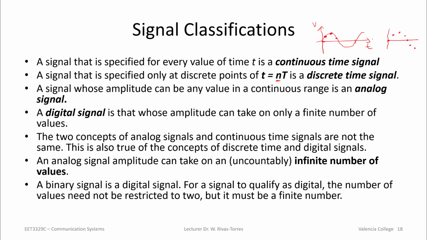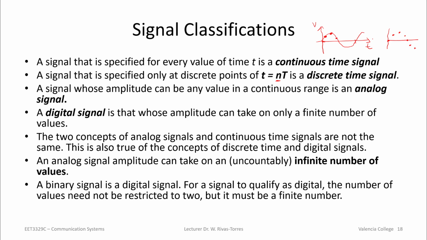A signal that is continuous in time, we normally call those analog signals. And a signal that exists only at a finite number of time values or has a finite number of values, that's what we call a digital signal. Okay. The two concepts of analog signal and continuous signals are not the same. The same thing is true for discrete time and digital signals.